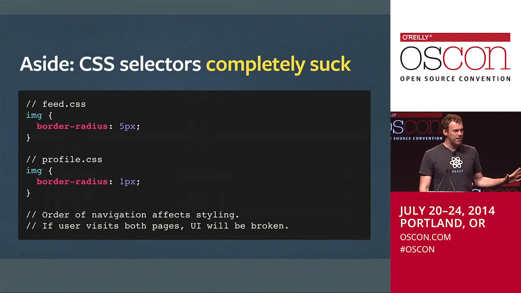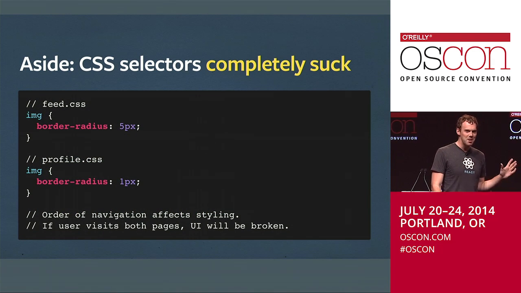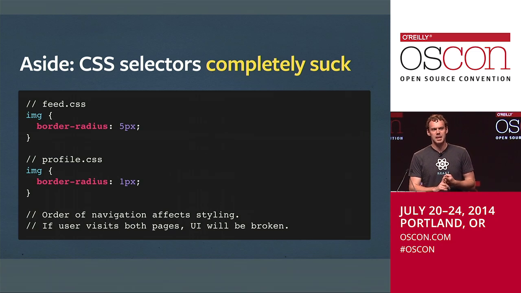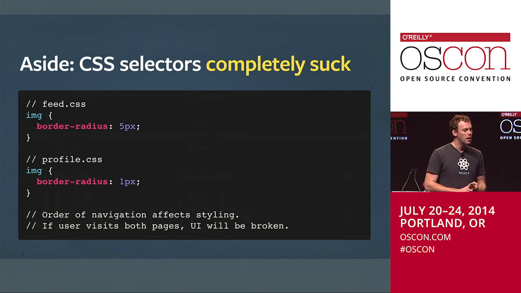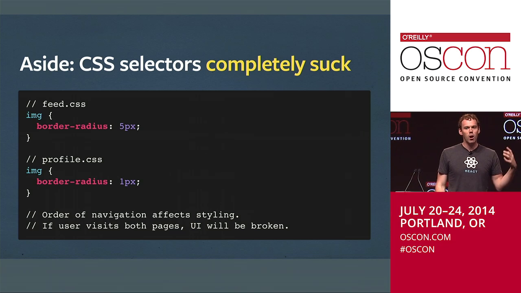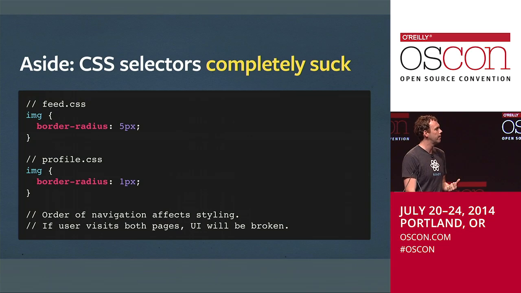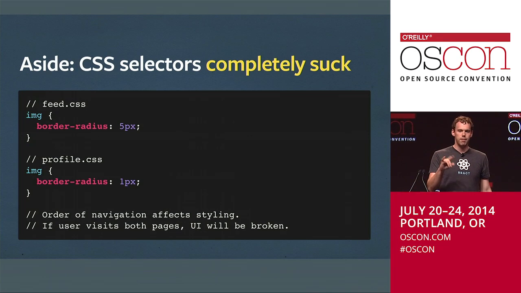So my specific problem with CSS is selectors. I really don't like selectors. And here's one example of how they break down, specifically in a single-page app. So if we land on the feed, we want all images on the feed to be rounded by 5 pixels. So we set border radius 5 on our feed CSS. Then let's say we navigate from the feed to the profile.